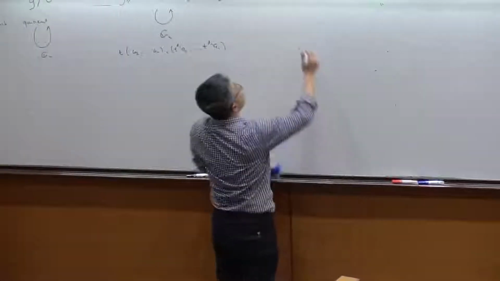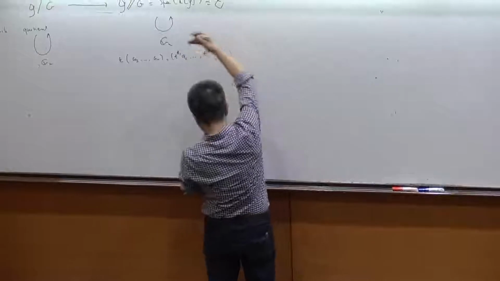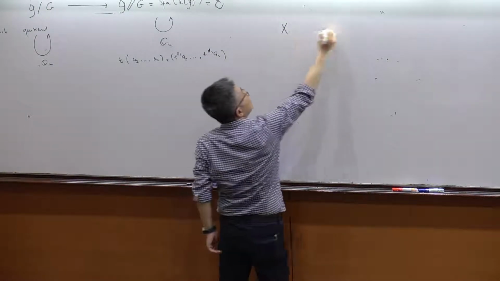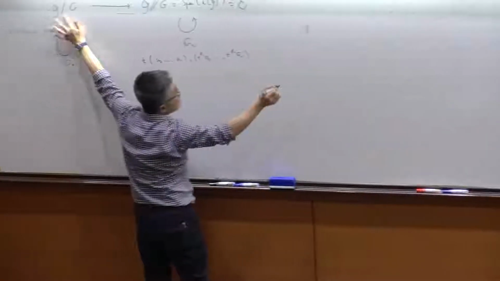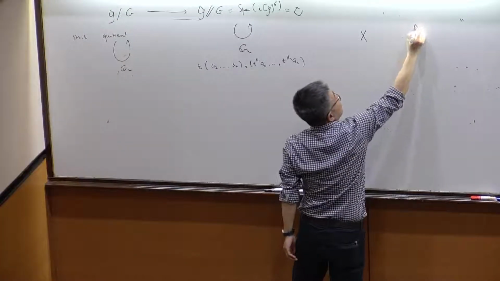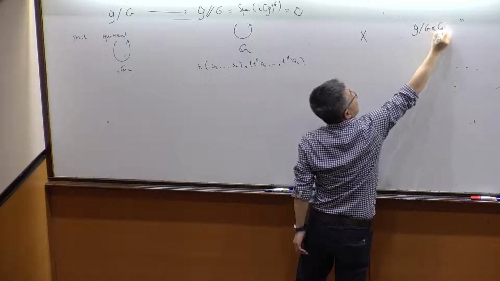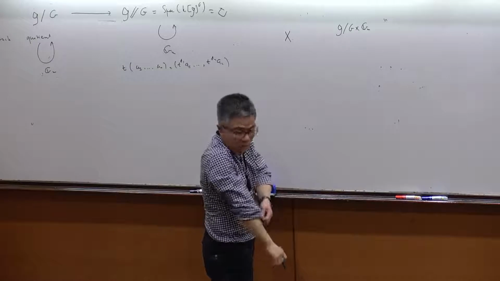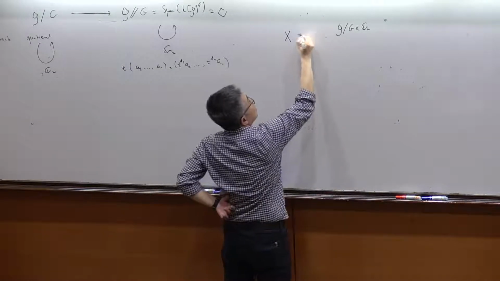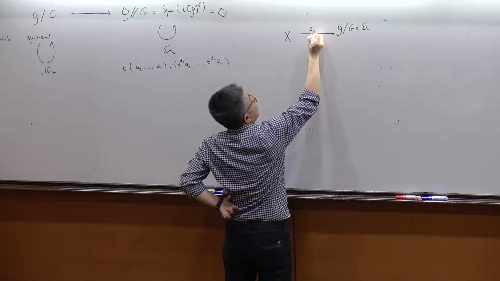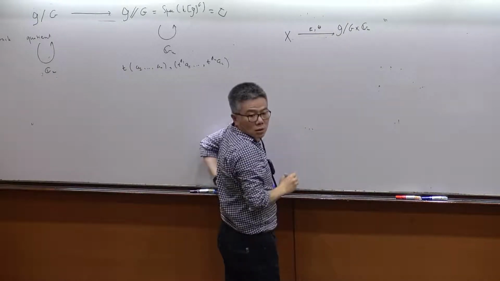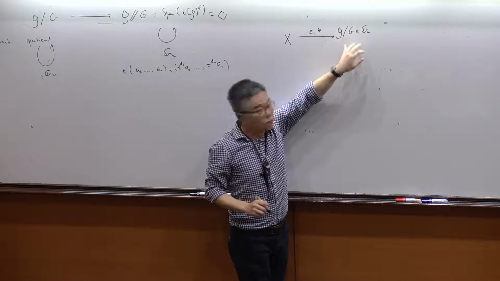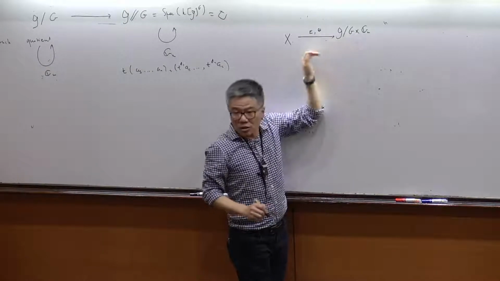If you just unravel the definition, the Hitchin map is a map from X to this quotient, basically g mod G times Gm, where Gm is twisted by the canonical bundle. So this is E, theta, right? This is very abstract. The quotient is abstract. This is by definition, there's no theorem here.